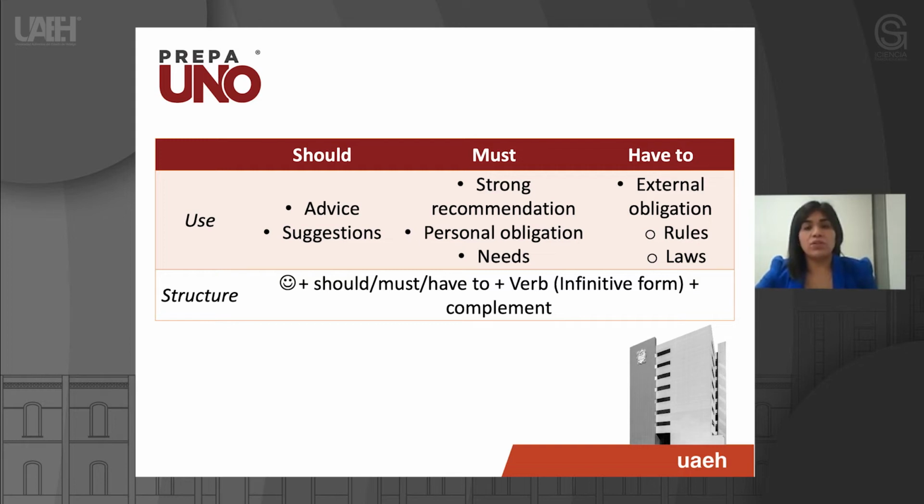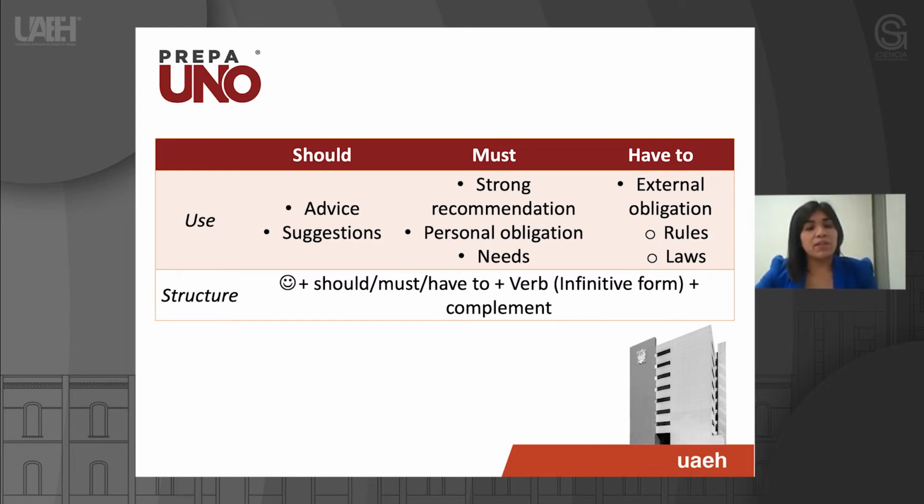You are going to use must to provide strong recommendations. It is also for personal obligations and needs. Finally, we have have to. This is for external obligation. It is to talk about rules or laws.